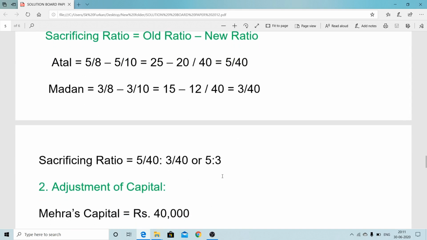Ultimately old ratio is returned back as a sacrifice, but it may not return back. When new ratio is provided, we must calculate that ratio. SR ratio we should calculate. So here sacrificing ratio is 5 is to 3.